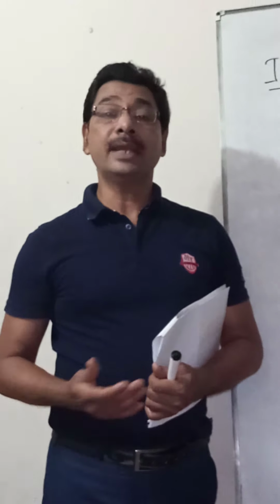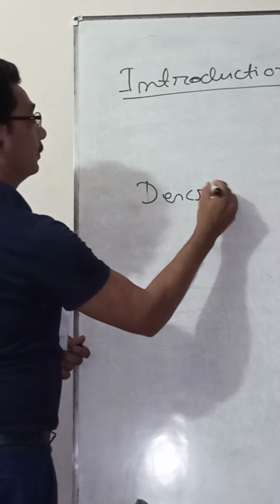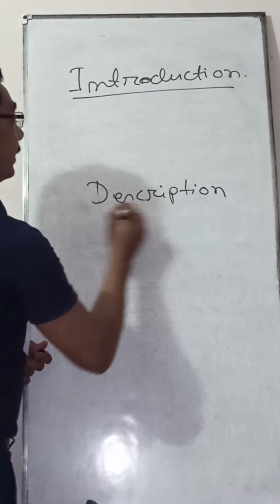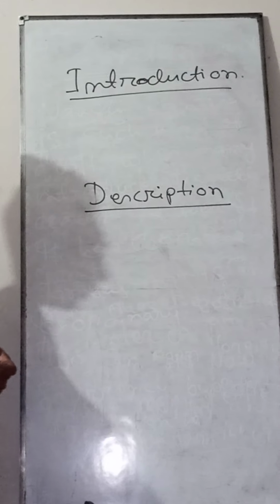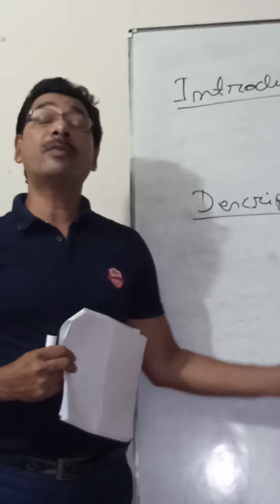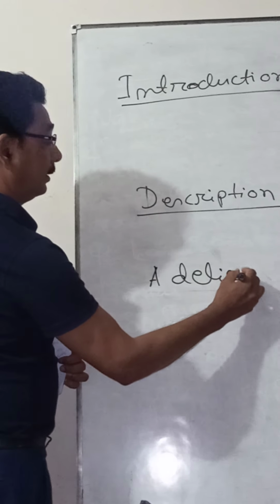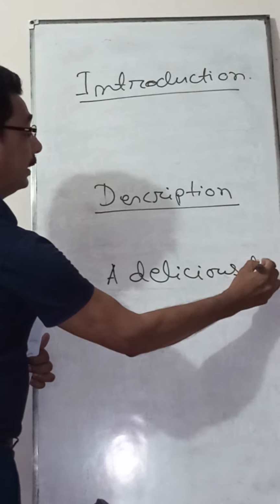Then you have to write a description. And what will you write? The description. You may write the description about the different varieties of food, especially in our country. Then you have to write a delicious dish: how to cook a custard.